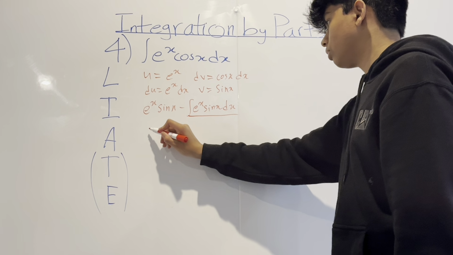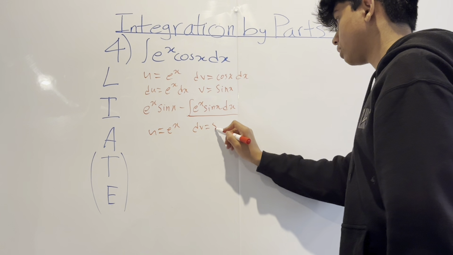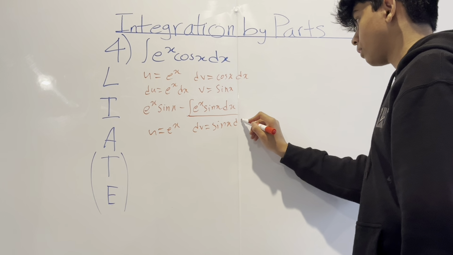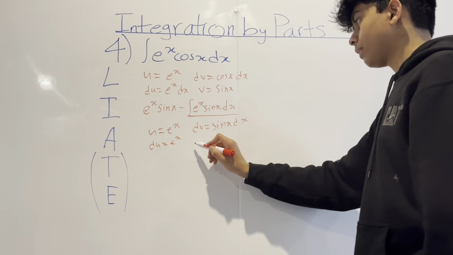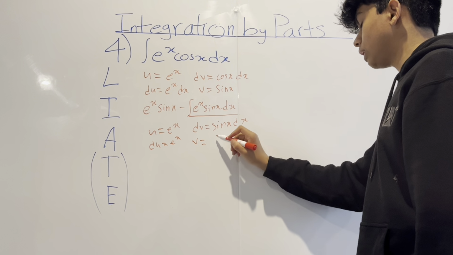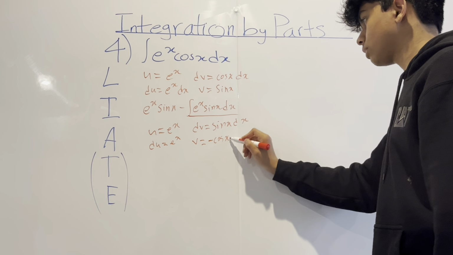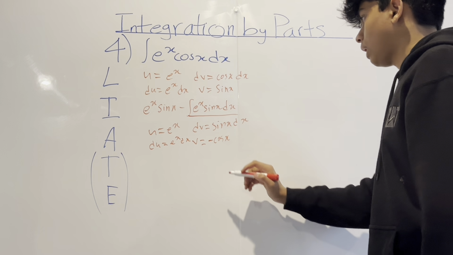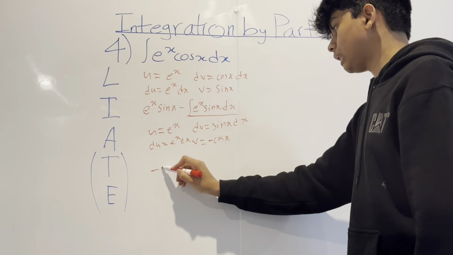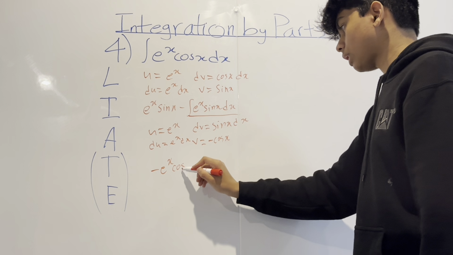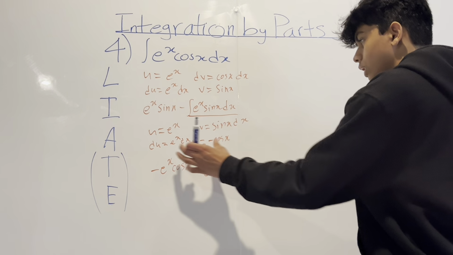So let's say u equals e to the x again, dv equals sine x dx, and we're going to have du equals e to the x dx, v equals the integral of sine x, which is negative cosine x. Now we're going to do uv, so negative e to the x cosine x minus the integral of v du.